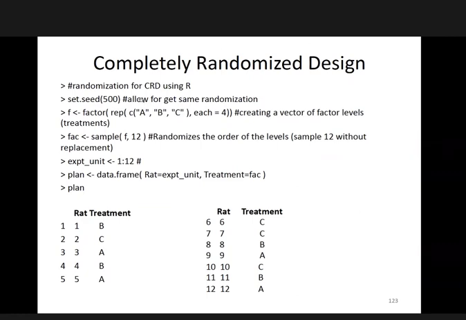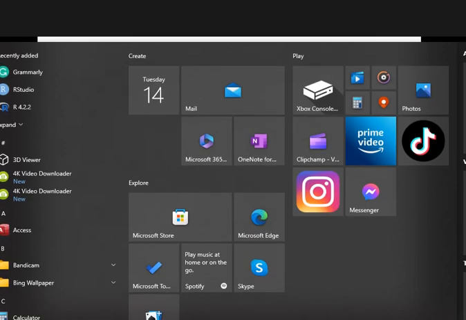Okay. So what we are going to do is use R to help us do what we call the randomization process. The randomization process, based on the definition we had the other time, is simply the process of assigning treatments to the different experimental units.